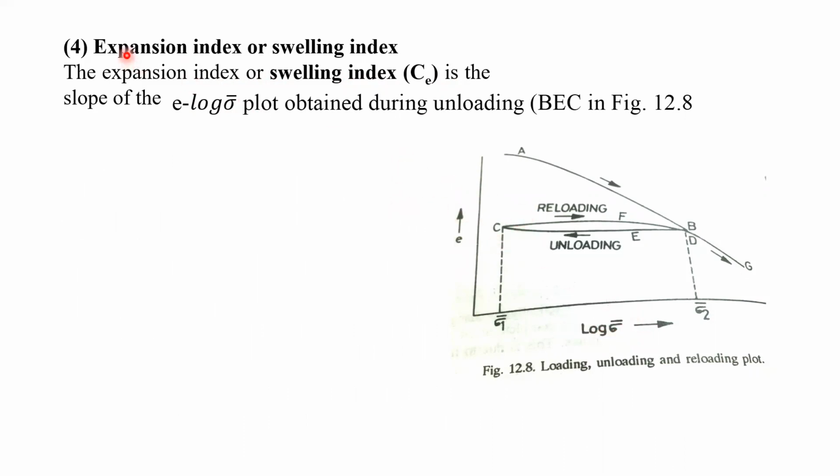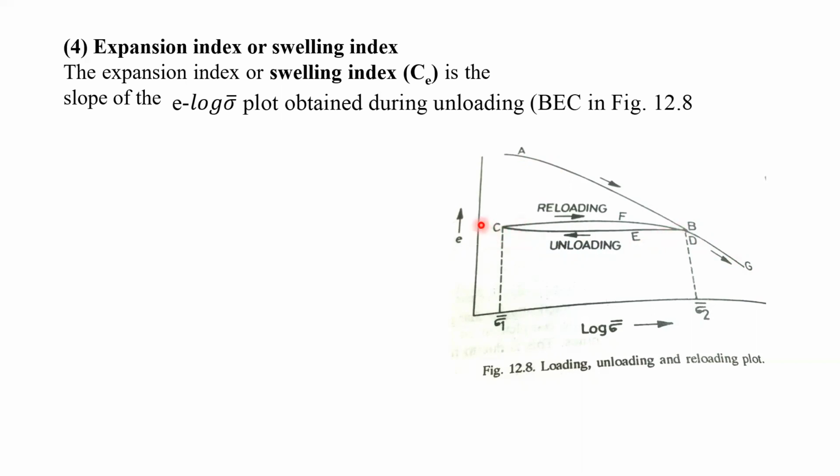During the consolidation test, this is the loading curve, because you put the load on the hanger. If you go for unloading, expansion takes place. That is the unloading or expansion curve.